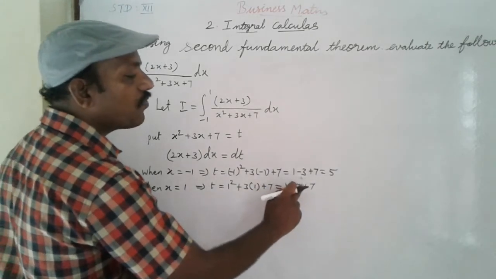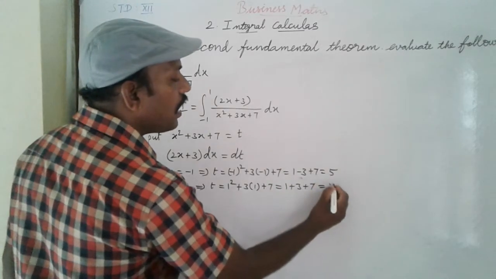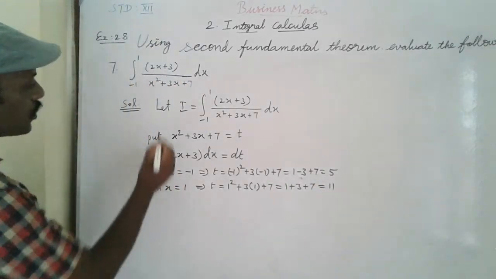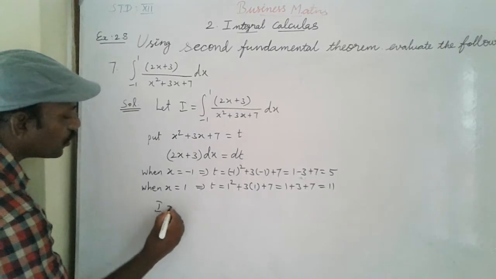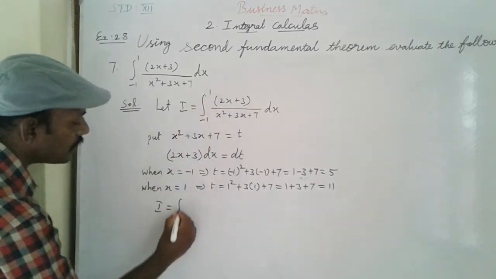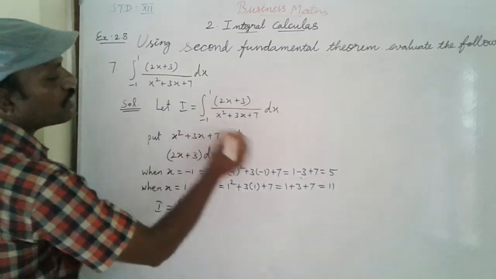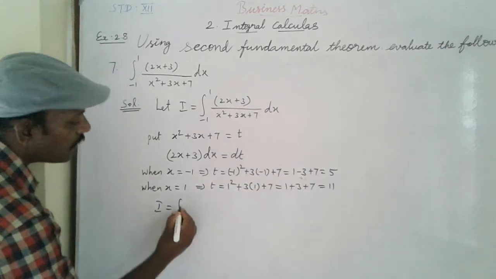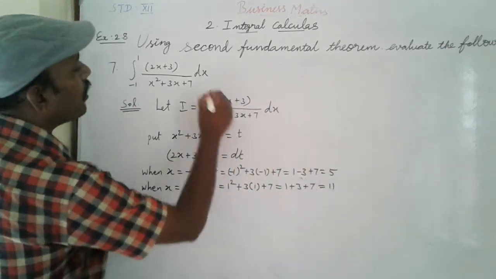So 1 plus 3 is 4, 4 plus 7 is 11. So we should substitute in I equal to the integral, change the limit: first limit minus 1 is 5. Next x is equal to 1, then here 11.